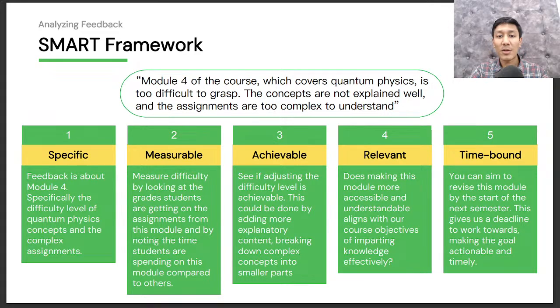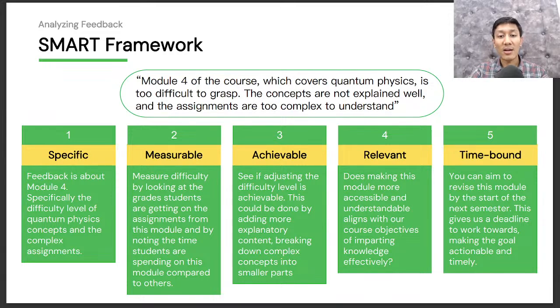When it comes to achievable, you have to see if adjusting the difficulty level is achievable or not. Sometimes the difficulty level that you have set is there for a reason, right? You want your students to understand the concepts in such a manner that they achieve a great understanding and then go on to the assignments and complete them, right?